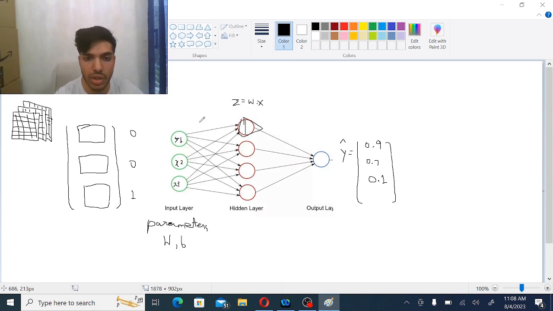It has 3 connections, W1, W2, and W3. We multiply all of these inputs times the corresponding weights, and then we add a bias to it. That is the linear function for this neuron.